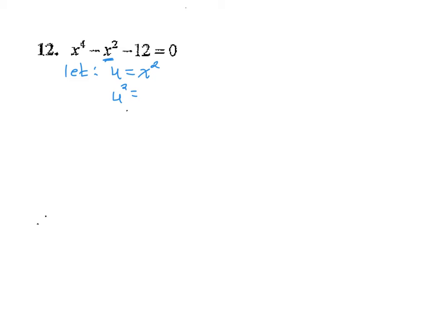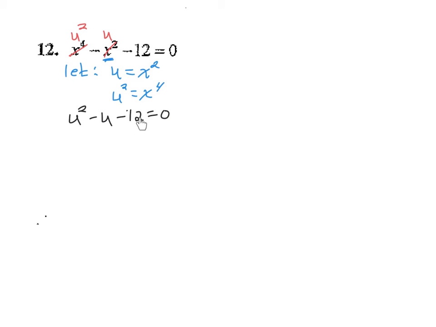So x squared squared, power to power we multiply, must mean that it's x to the 4th. So I'm going to replace x to the 4th with u squared and x squared with just a u. So we are going to factor u squared minus u minus 12 equals 0.